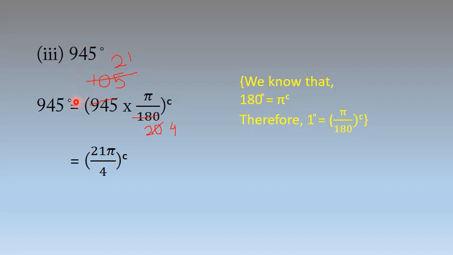945 degrees. So 945 degrees is also the same, 945 into 1 degree. To convert it into radians, we need to substitute the value of 1 degree, which is pi upon 180 radian. So we will substitute 945 into pi upon 180.